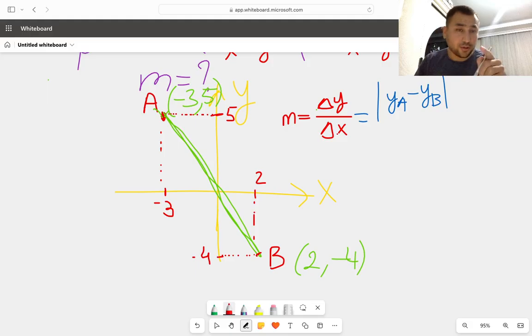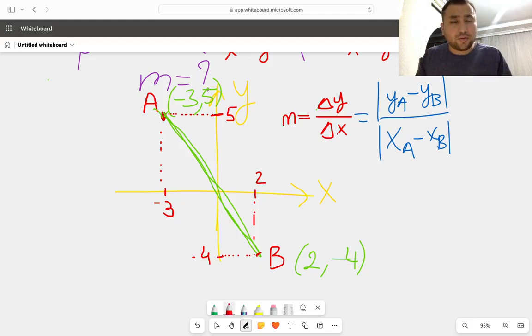So if you first write ya, then below should be xa. Well, it's not good to say xb minus xa, because on the top you assume that a is the first point. So if on the top you say yb, then below you say xb.